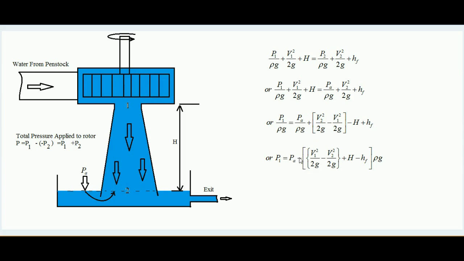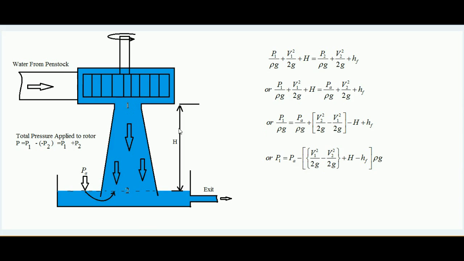P1 equals PA minus V1 square by 2g minus V2 square by 2g inside the bracket plus H minus HF, into rho g. Now over here we know that V1 is greater than V2. It is because at point 1 the area is lesser compared to point 2. Applying the continuity equation, A1 V1 equals A2 V2, V2 will be smaller than V1. So definitely this number is positive.